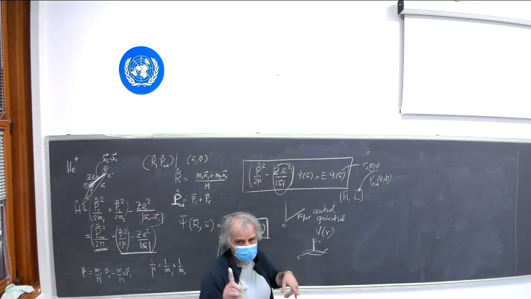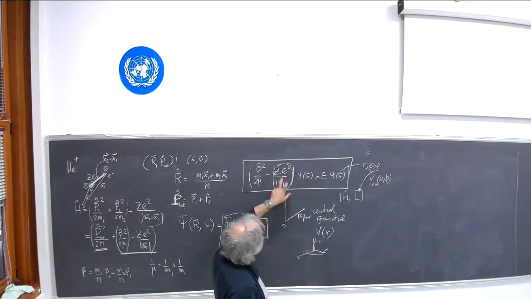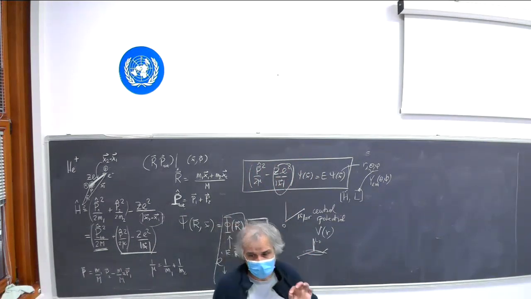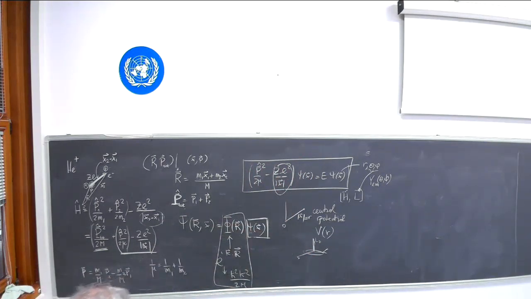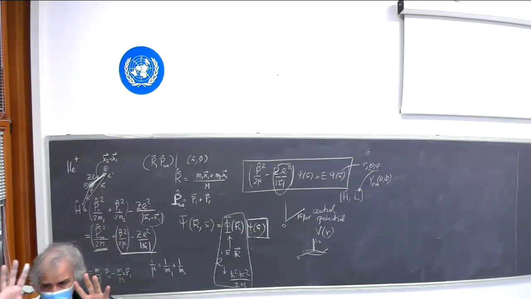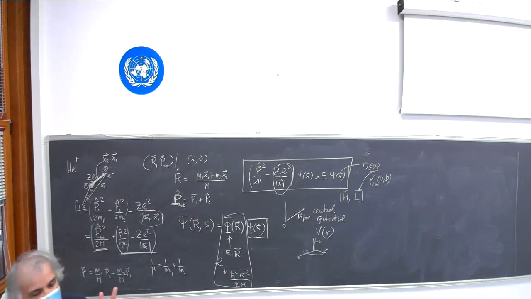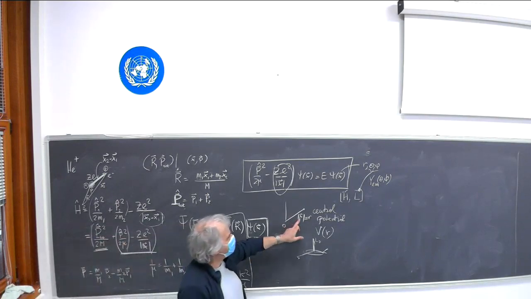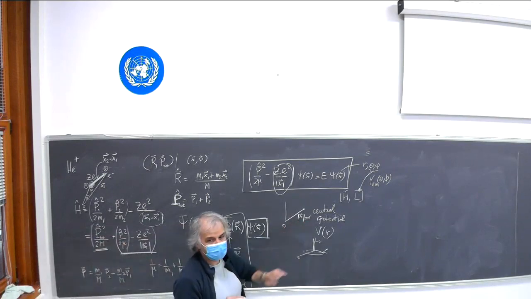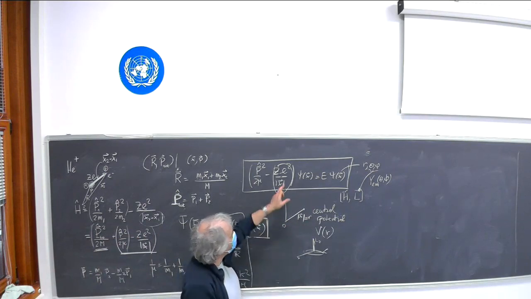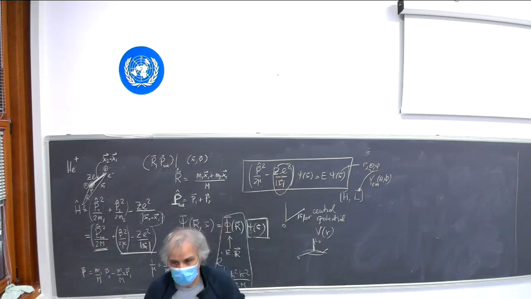And then you can solve it thanks to the fact that the potential is 1 over r. The first reduction from 3 to 1 dimension is true for any central potential. I'm just using the fact that the potential depends only on the distance. The second part, which is the exact solution, occurs only if you have a potential 1 over r.